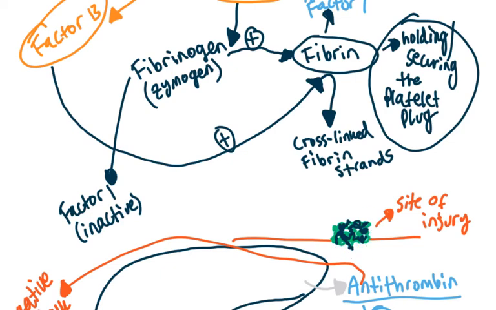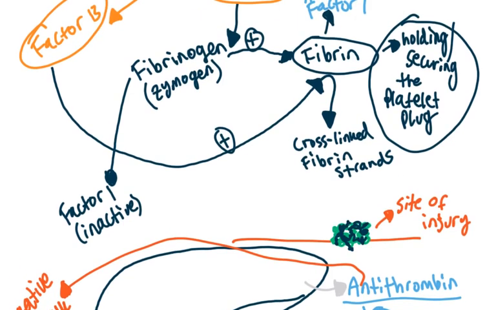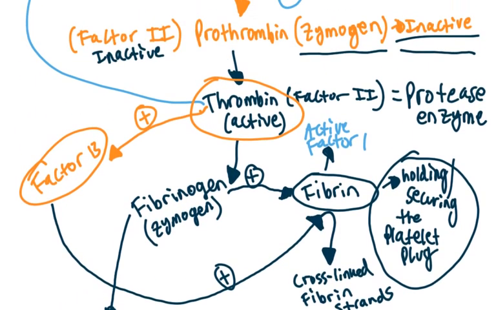Once endothelial cells have healed, and more importantly, once blood has stopped trying to flow out because of our insoluble fibrin, we'll see how this platelet plug breaks apart with the help of a protease enzyme called tissue plasminogen activator, and with the help of plasminogen and plasmin, mostly plasmin. That's all I want to talk about in this video.